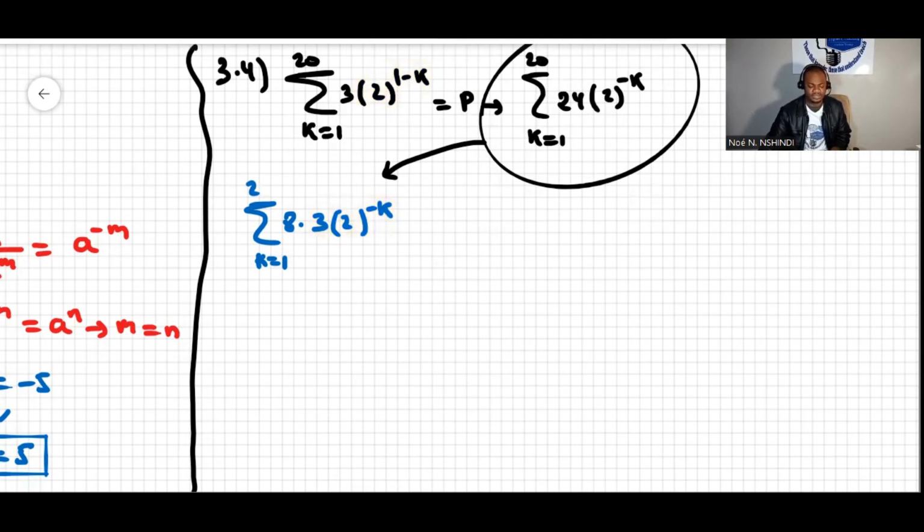Instead of writing 8 there, I prefer to write it like this. A sum of 4 times 2 times 3, okay? 2 to the power of negative k, and then k starting from 1 to 20.